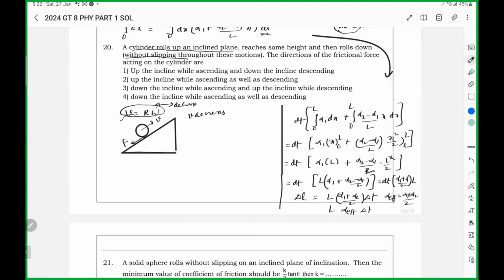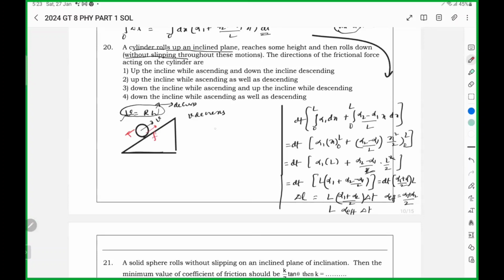So to reduce angular speed, friction must act in upward direction. So that friction acts in this direction, it rotates in anti-clockwise direction, its angular speed decreases.